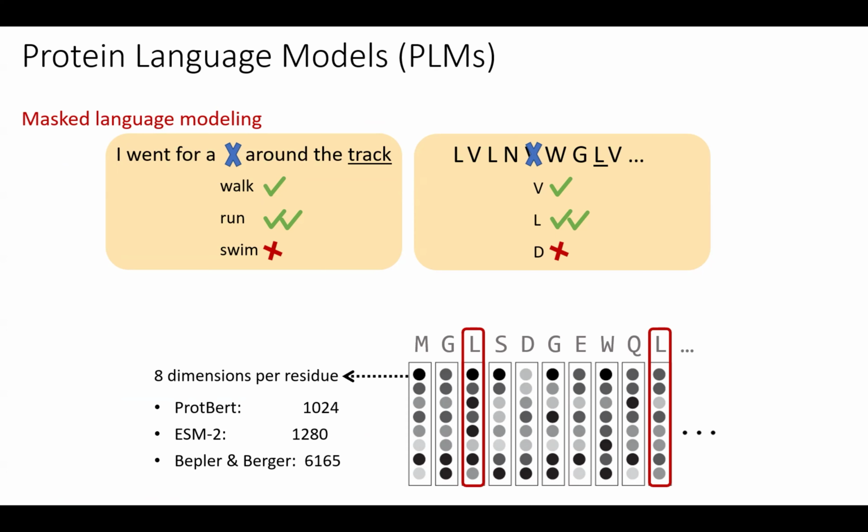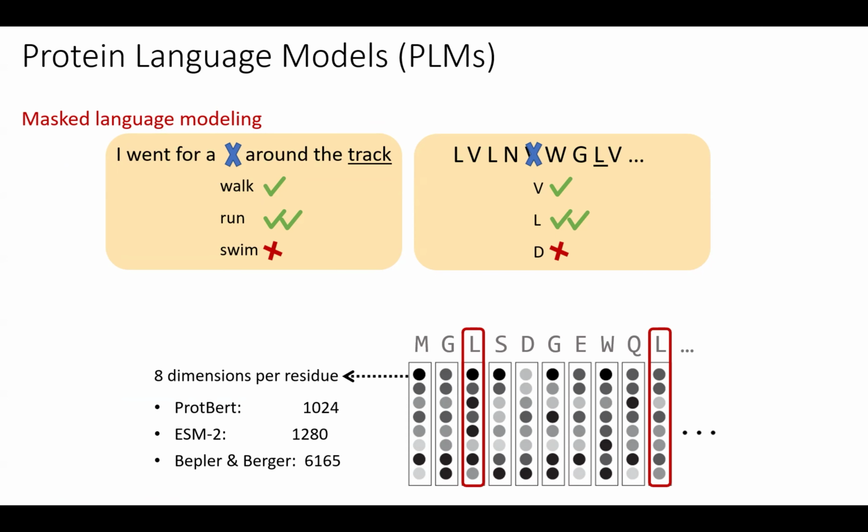At the end of it, for any sequence, you can feed it into the pre-trained model and you will get back a representation. For a sequence of length n, it will be an n by 1000 matrix, depending upon the model. The key thing is that that representation captures both local and global context. For example, the two leucines here are going to have different representations because they capture the context of each of these leucines independently.